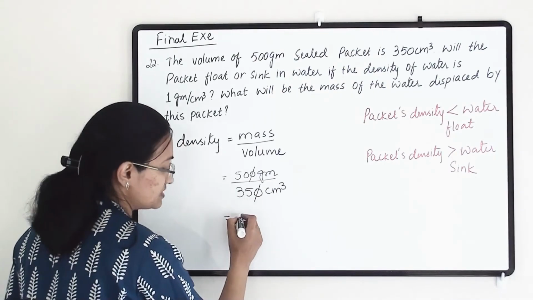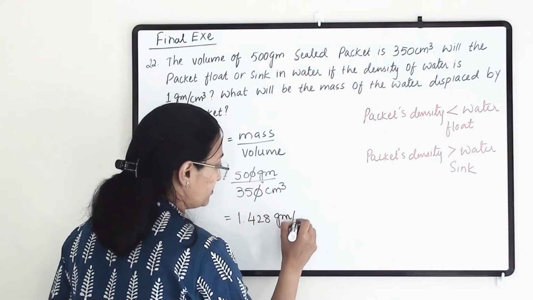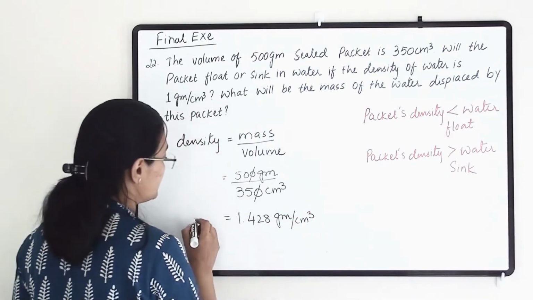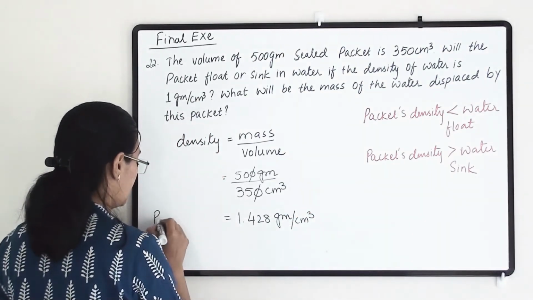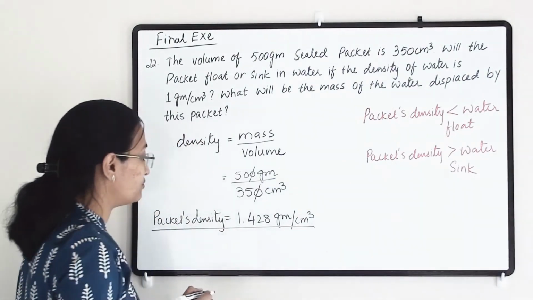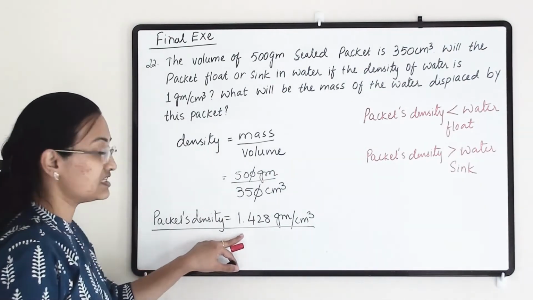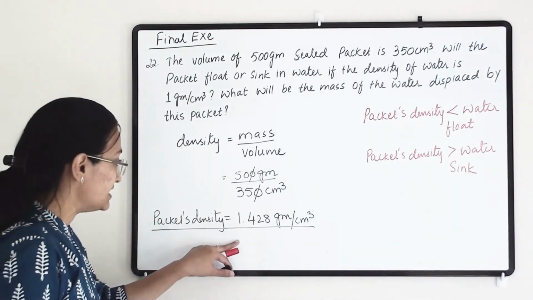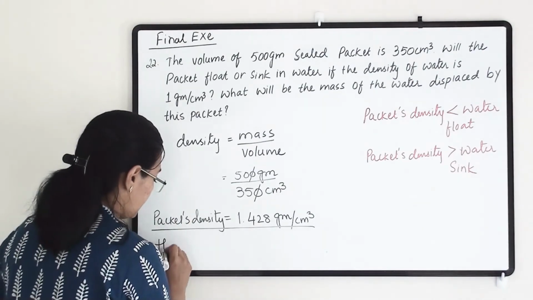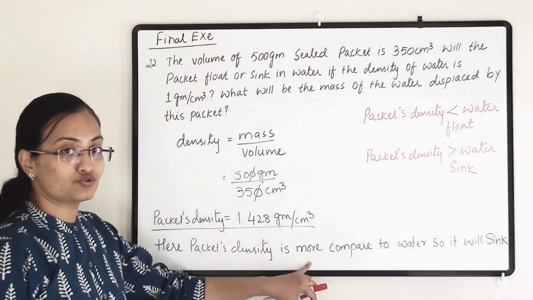So the answer is 1.428 gram per centimeter cube, which is the density of the packet. Now we have to compare this density with water's density. This density is more, so the packet will sink. Here, this is the answer: the packet's density is more compared to water, so it will sink in the water.